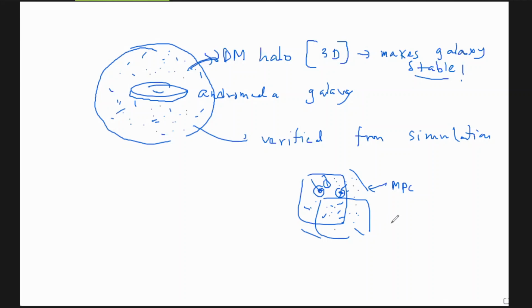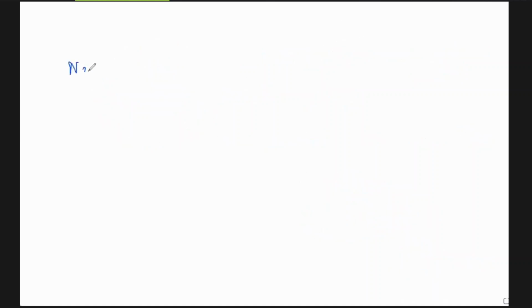And if you zoom in with a very high resolution simulation, then you actually see the production of the halo sphere through n-body simulation. And how do we verify that it is there? That is using Newton's law.